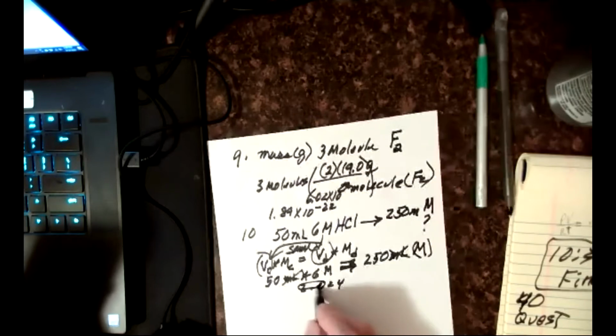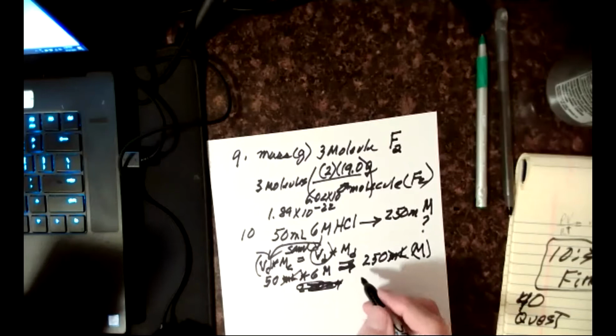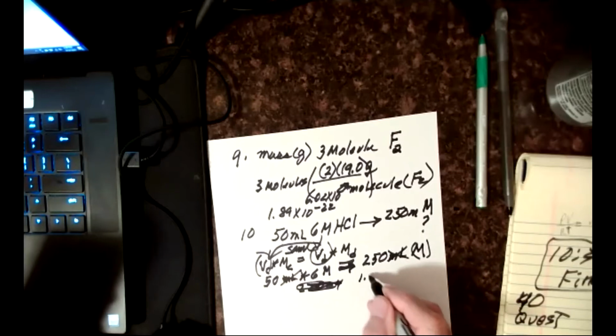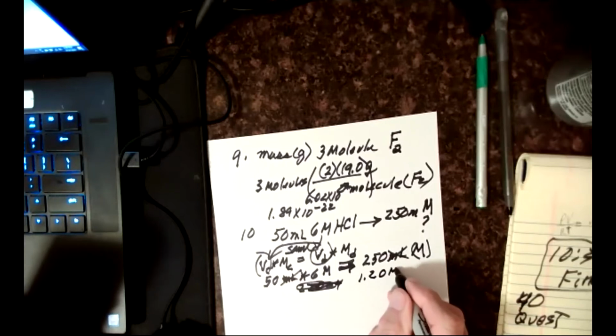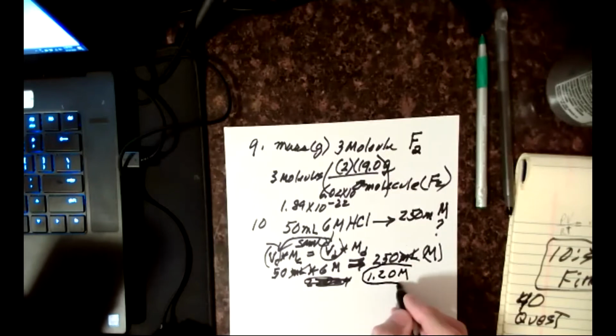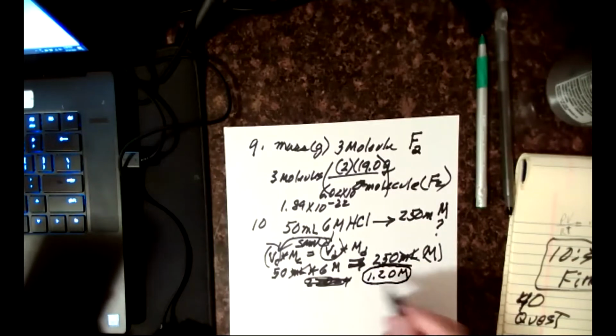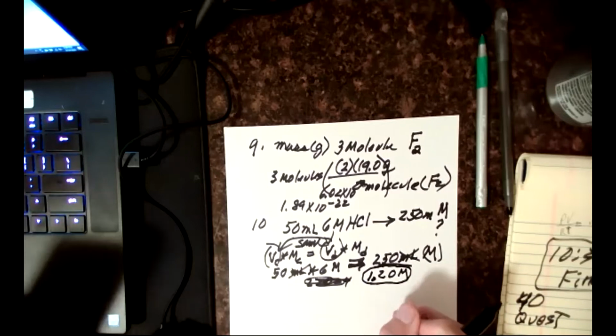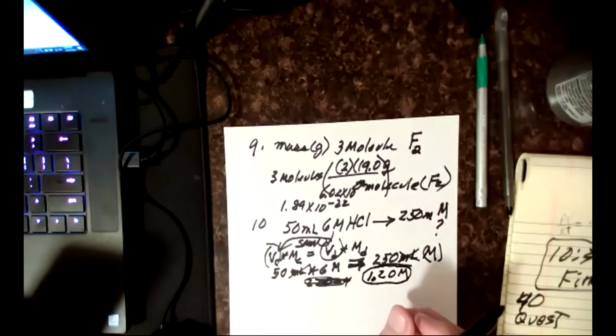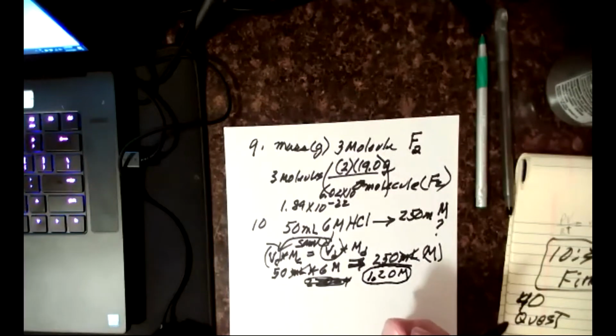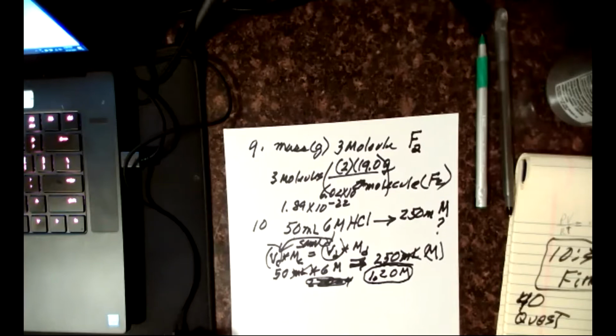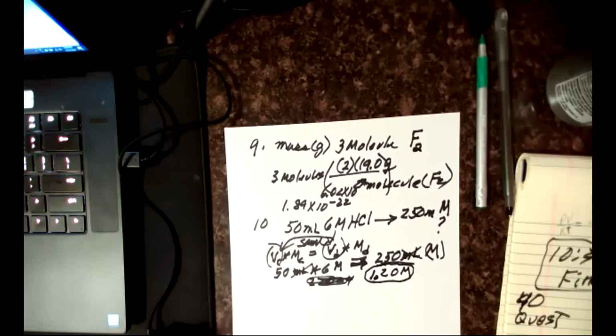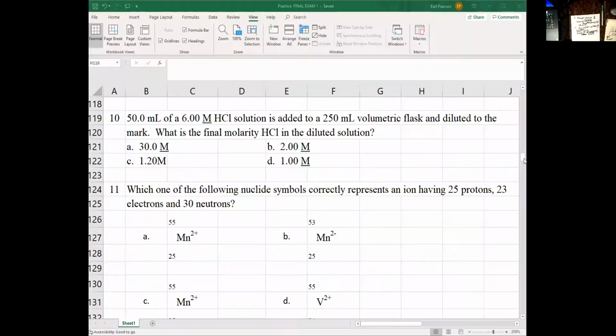Oh, no, I did do a key punch wrong. It's 1.20. That was unfortunate. I got an answer that was pretty close to that answer, but it sparked me to know it should have been plus or minus 1 in the last significant digit. And I was off by 2 in the last significant digit. I pushed the wrong button. Okay, now let's go back to screen share so you can see the quiz. We're at number 11.